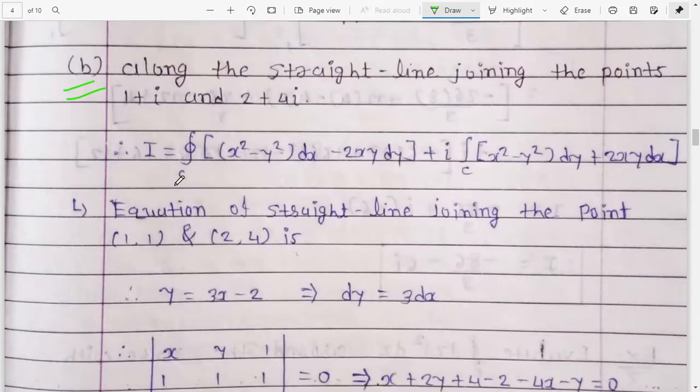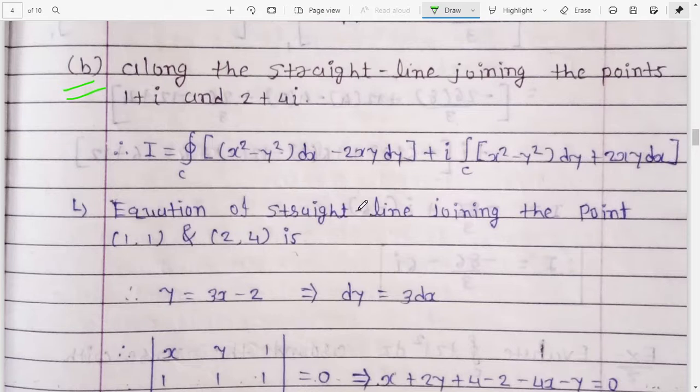So I is equal to the integration over the curve C of (x² minus y²) dx minus 2xy dy, plus iota times the integration over C of (x² minus y²) dy plus 2xy dx.